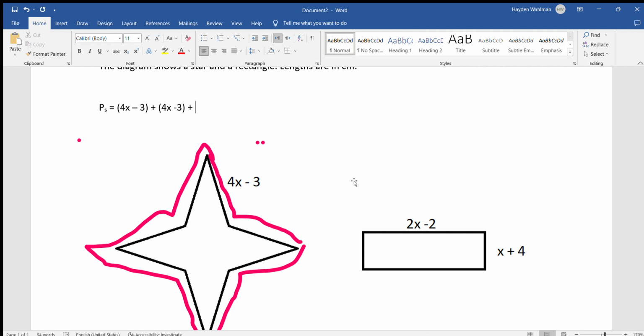Plus 4x minus 3, because that's how long each side is. So we just keep adding them, right? Until we add up all the sides. How many is that? 1, 2, 3, 4, 5, 6, 7. All right, so now we have 8, right? We have 1, 2, 3, 4, 5, 6, 7, 8.